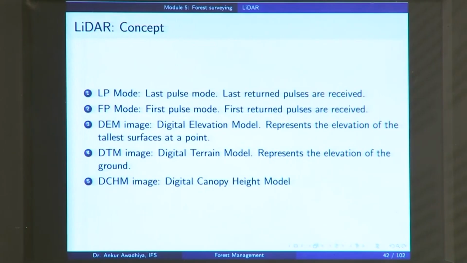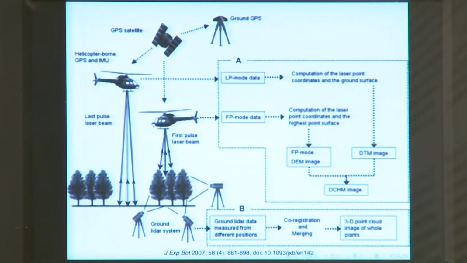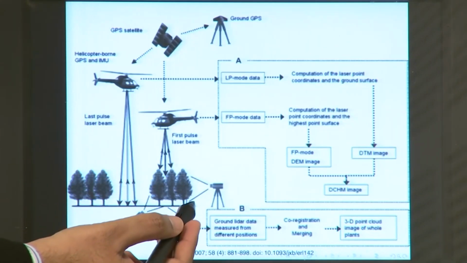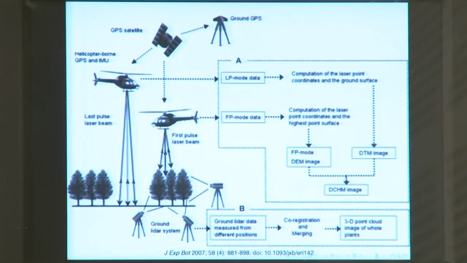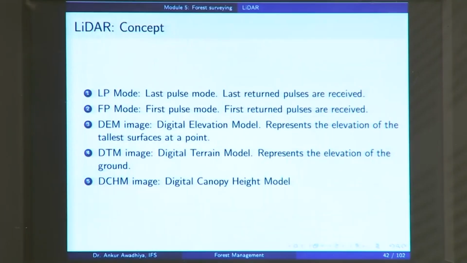Next, you have the DTM or the digital terrain model, which represents the elevation of the ground. So, in this case, you are measuring where is your ground surface, and using both of these, you can subtract the DTM from the DEM, and you will get the digital canopy height model or the DCHM.